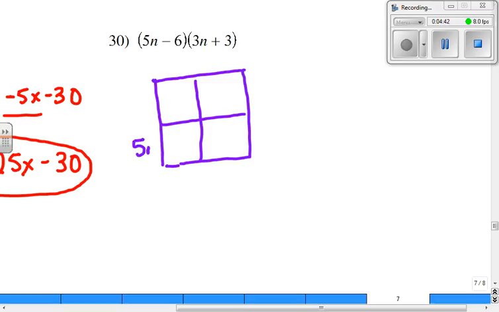So we have 5n minus 6 times 3n plus 3. 3n times 5n is 15n squared. 3n times negative 6 is negative 18n. 3 times negative 6 is negative 18. 3 times 5 is 15n.